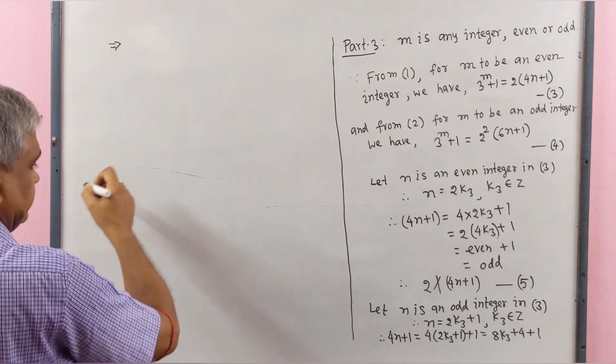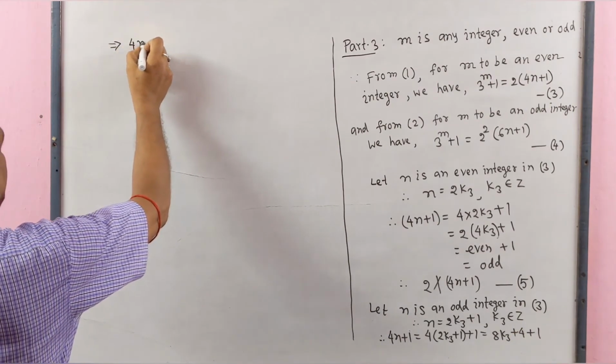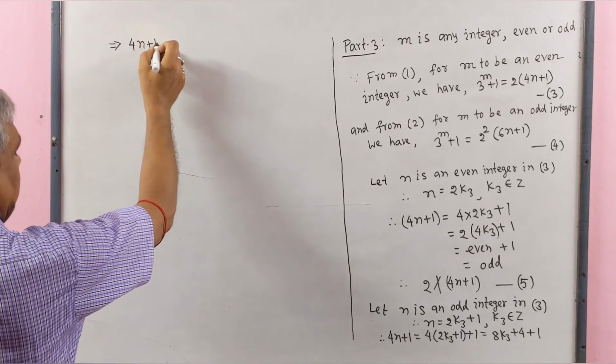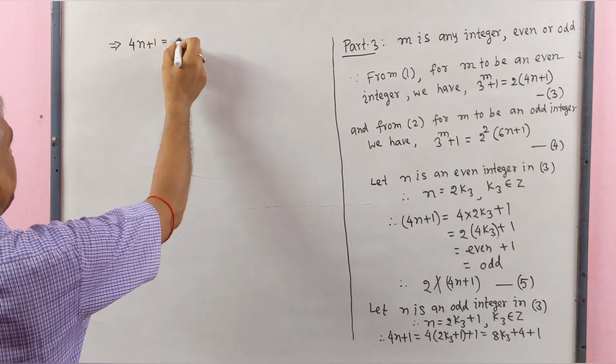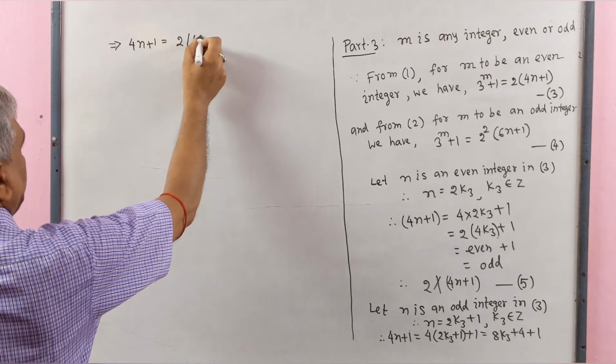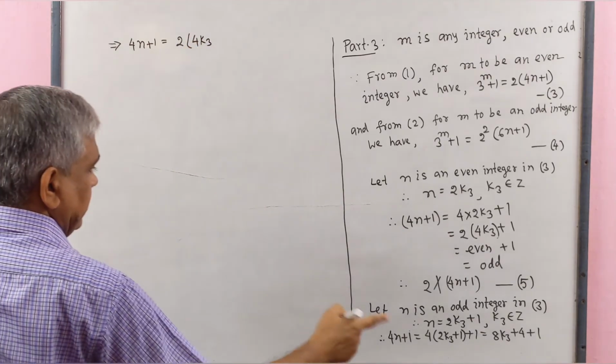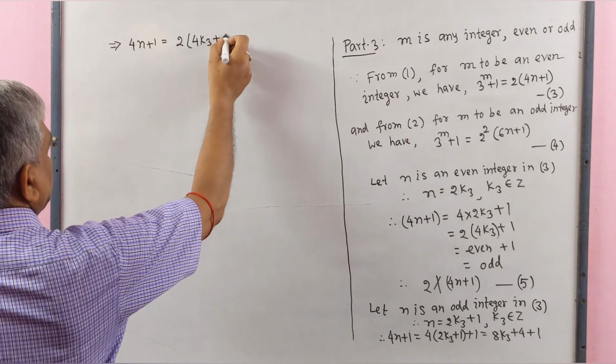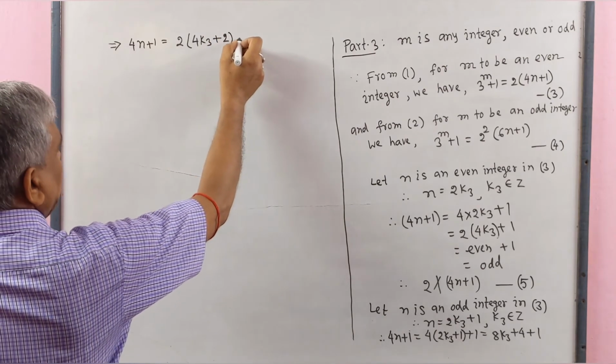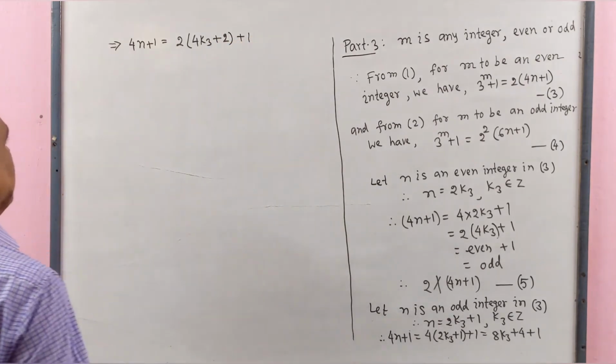This implies 4n plus 1 equals, taking common 2, 2 times (4k3 plus 2) plus 1.